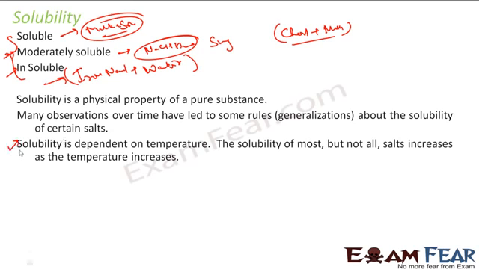In most cases, solubility increases with temperature. If you add sugar to water, sometimes you're not able to mix it, but if you warm it, you're able to mix it properly. You can do this in your kitchen.